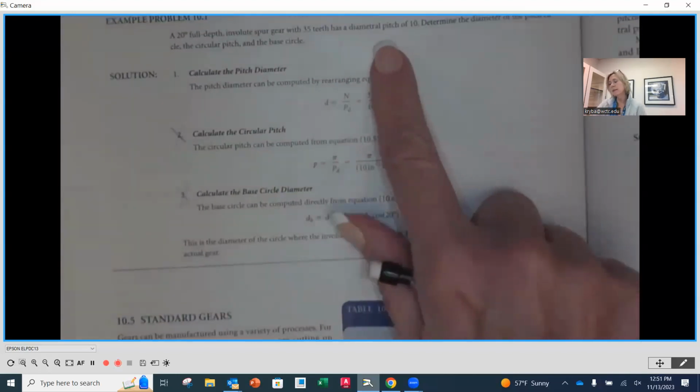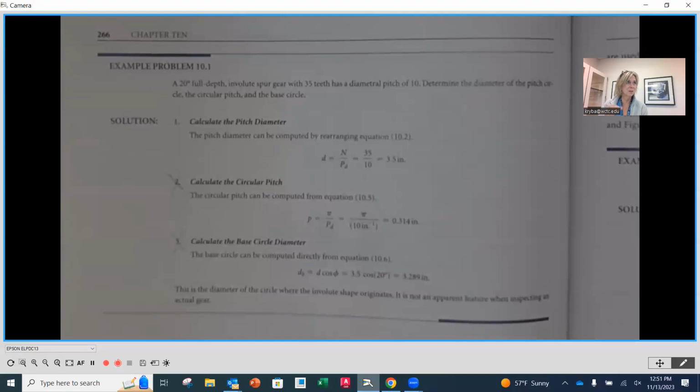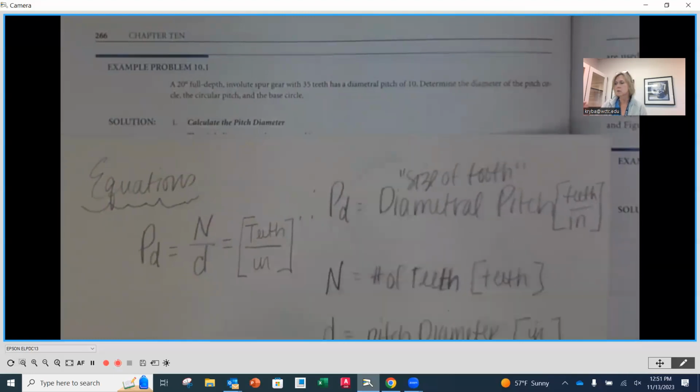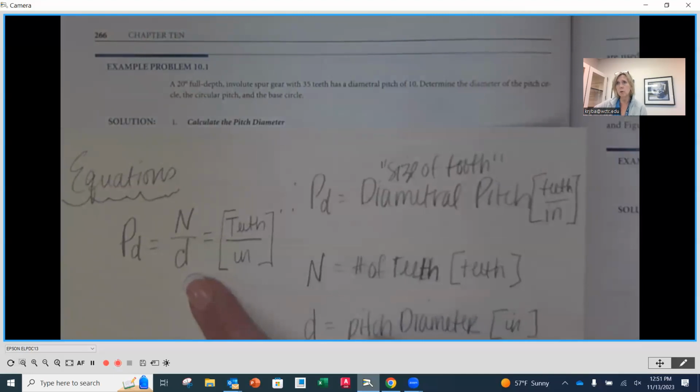What they're giving us in the problem is that the diametral pitch is 10. Remember, I told you there are units associated with diametral pitch, and those are teeth per inch. So we are going to rearrange this equation to solve for lowercase d.